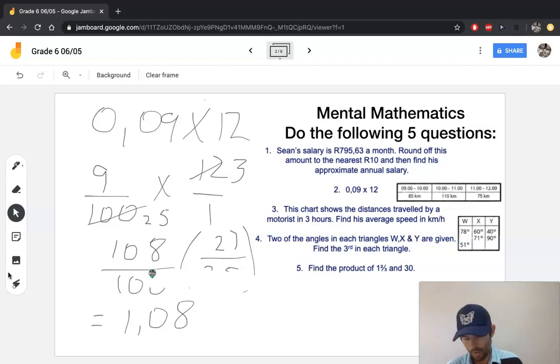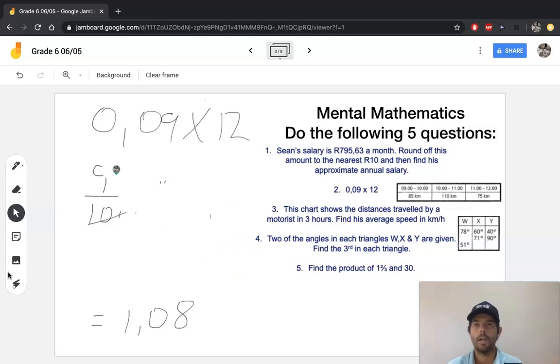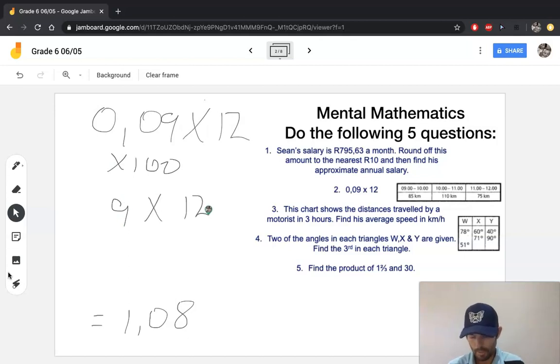You could also, as we spoke about when we dealt with decimals, take the decimal out of the question, so multiply that by 100, and I get 9 multiplied by 12, which gives me 108. Okay, and then because I multiplied by 100 in the beginning, I need to divide by 100.